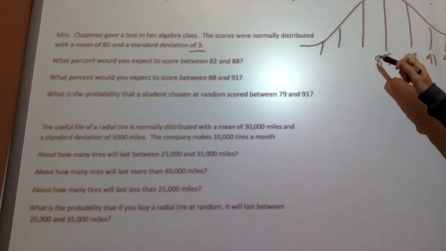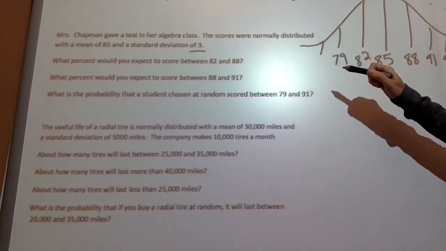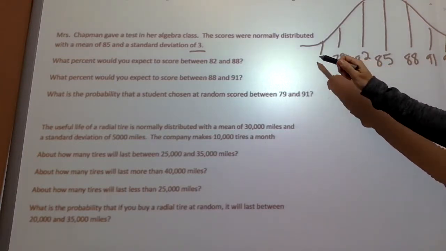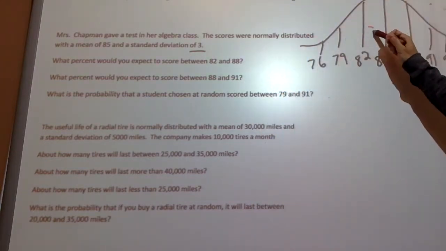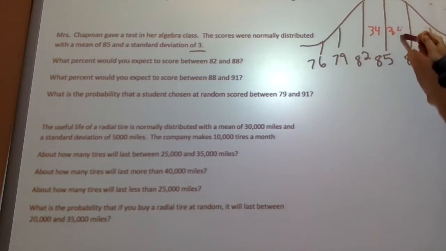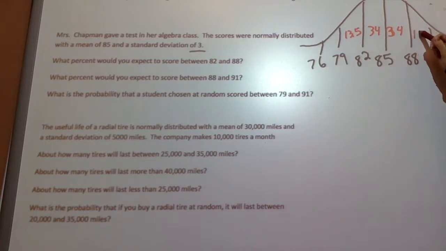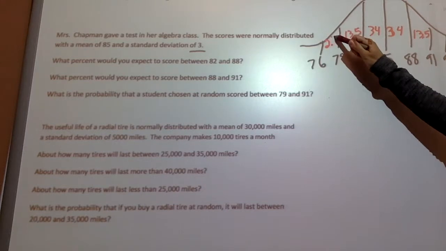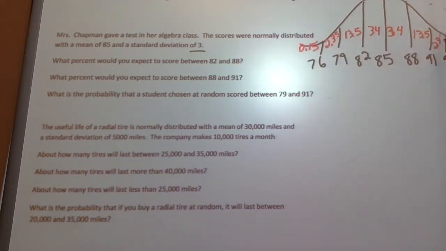So 85 minus 3, 82 minus 3, and then 79 minus 3 is 76. Good. Okay, then I can throw in my percents, 34, 34, 13.5, 2.35, 0.15. Okay, now I'm ready to answer some questions.